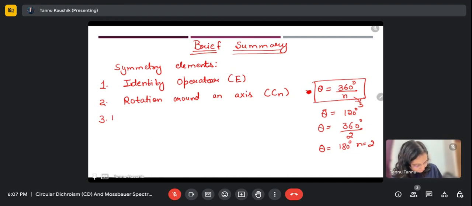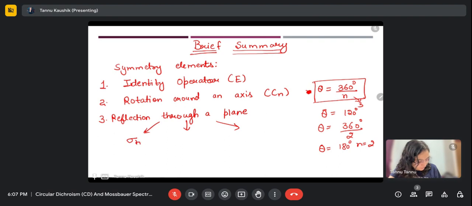Then we have reflection through a plane. So we have three types of planes. First is sigma h, horizontal plane. So in a molecule, we will have one principal axis, and that will be the minimum order axis.